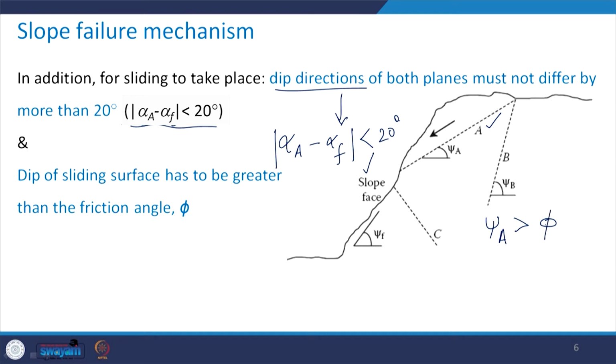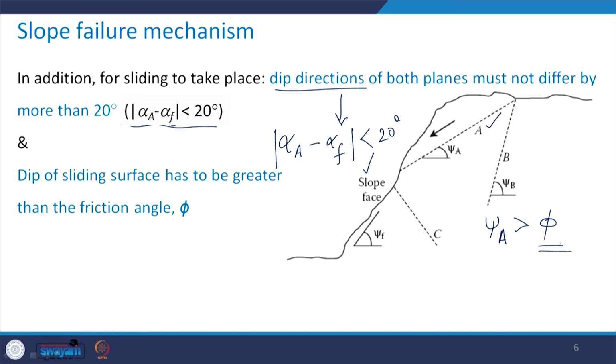So, we have three conditions with respect to the respective orientation of slope face and the discontinuity, the respective dip directions of slope face and the discontinuity, and the respective magnitude of dip of the sliding surface and that of the friction angle.